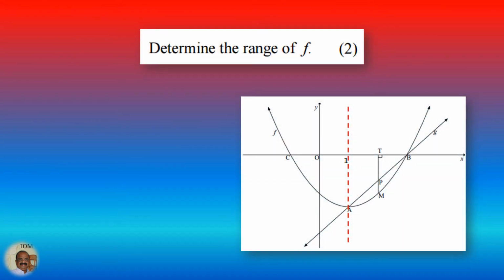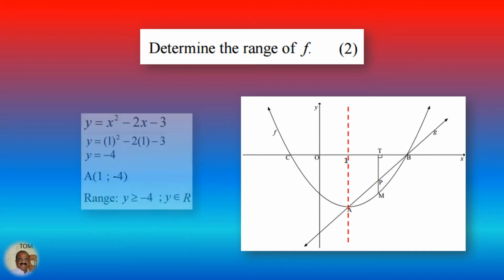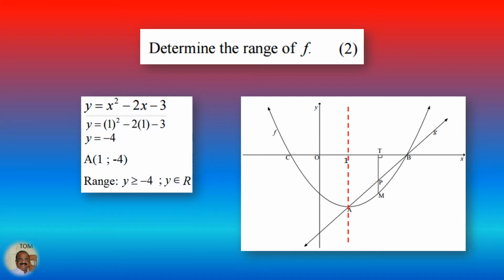Determine the range of f, the y values of f. We can see that the minimum value will be at the turning point A. We have to calculate that. We know the x value of A. Now the y coordinate of the turning point, we substitute into the equation of the parabola.